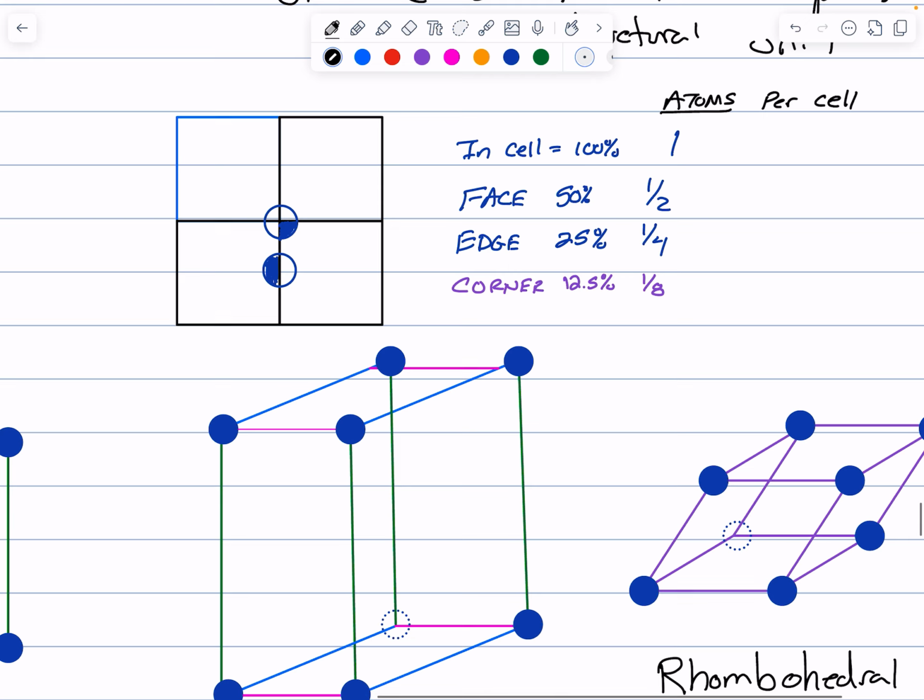We got inside, that's a face, there's an edge, and then obviously the corner is the top or bottom of the edge. So that is kind of how that works. I don't have a great animation for you, but that's kind of how it works.